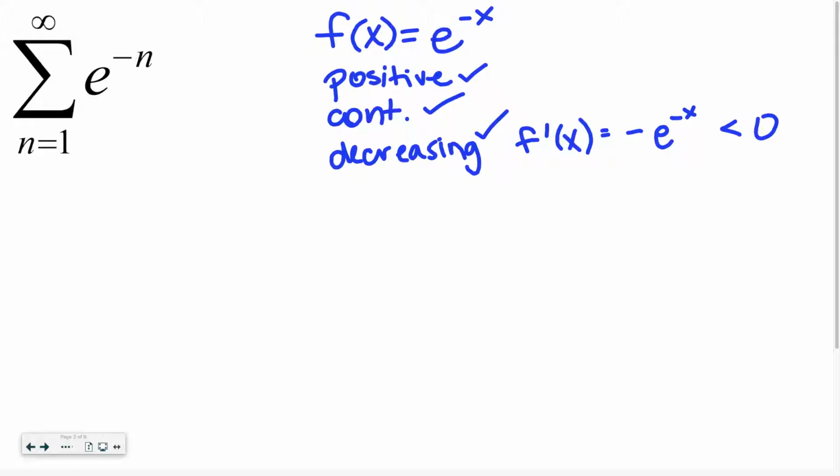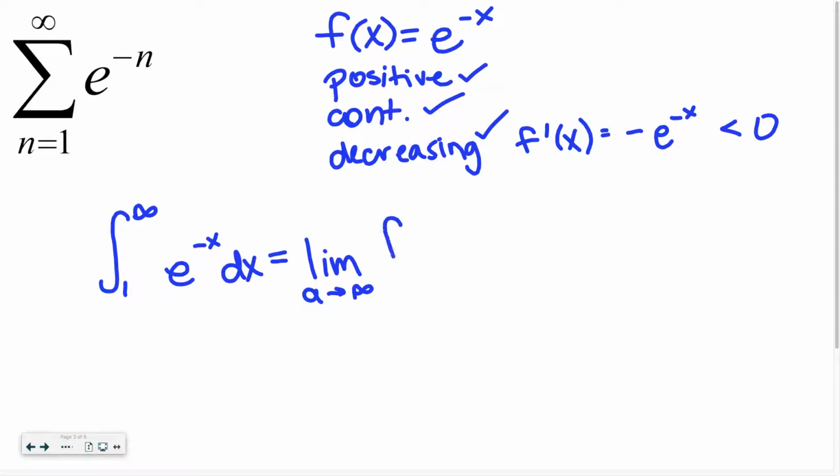Now we can look at the integral. Since we have the sum from n equals 1 to infinity, we are going to look at the integral from 1 to infinity of e to the negative x dx. Back in chapter 8, we talked about all of our integration rules. This is an improper integral, so we're going to change it to a limit.